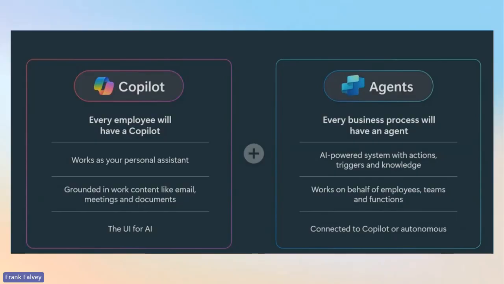And then the agents kind of complement that, like every business process will have an agent, AI-powered systems with actions, triggers, and knowledge. And it'll work on behalf of employees, teams, and functions connected to Copilot, or it can be autonomous, like the autonomous car or the HR agent.